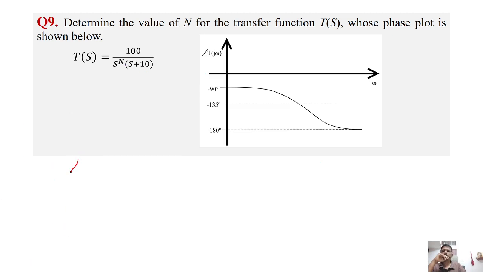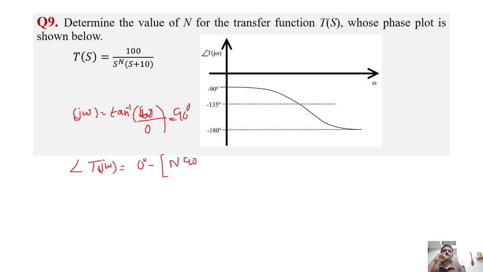I will write again. Angle of T(j omega) equals 0 minus n into 90. Why 90? Because the angle of j omega is tan inverse of the imaginary term omega by the real term 0, so it is 90.